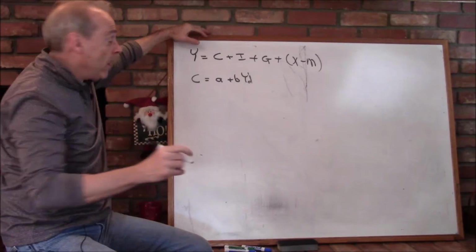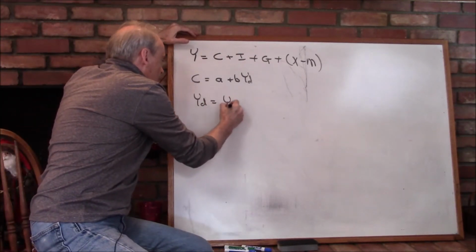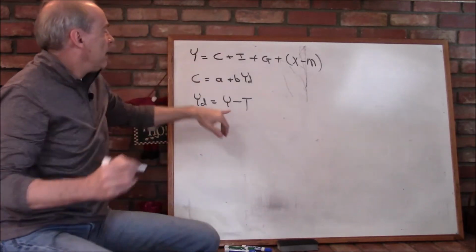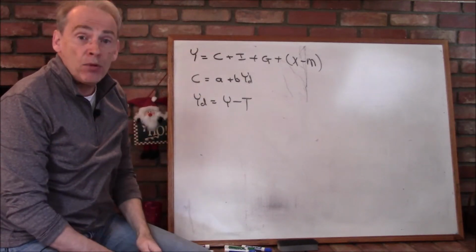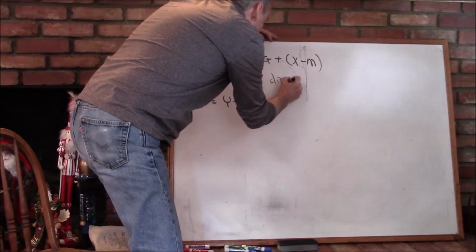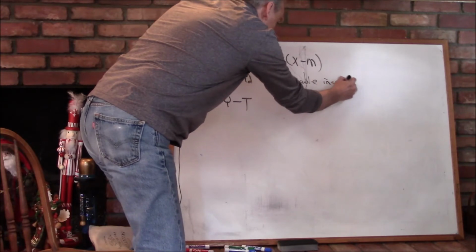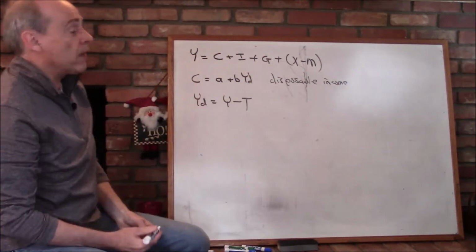Not Y, but YD, where YD is total income minus taxes. It's disposable income. Let me write that down here. Disposable income. That's the amount of income you have left after taxes.